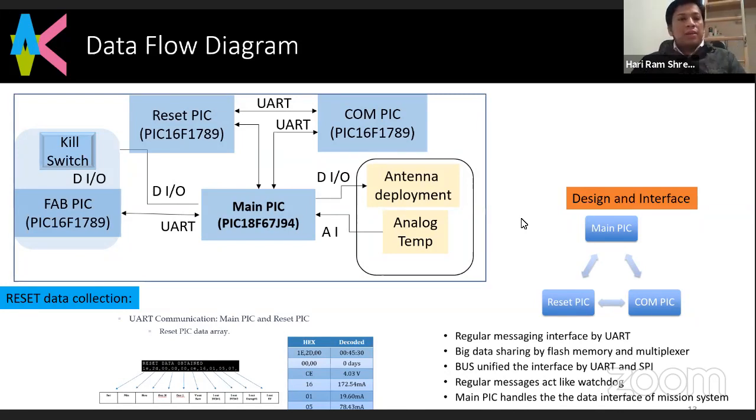If something happens, like single event latch-up problems or overcurrent protection, the reset PIC resets the system every 1 hour.